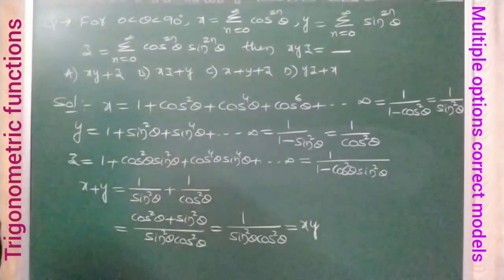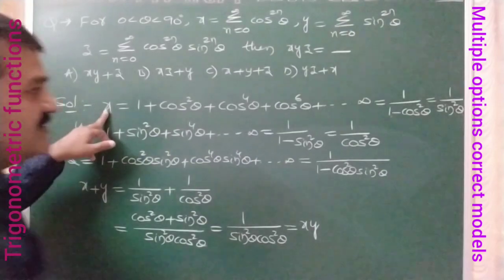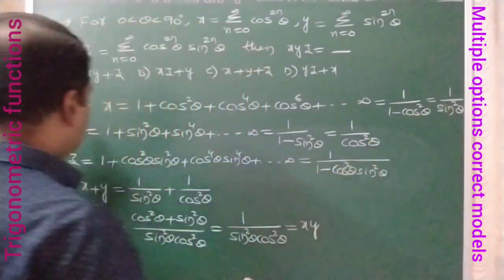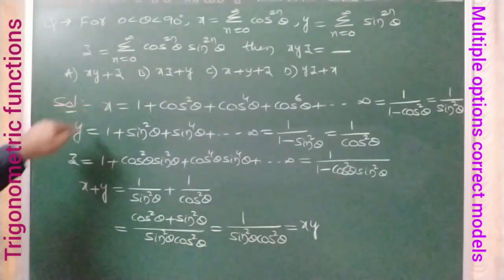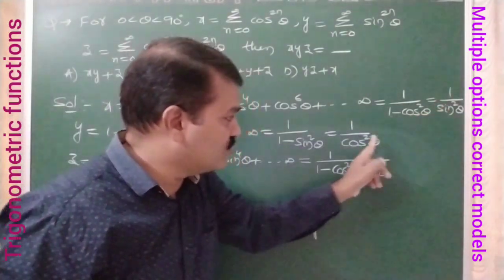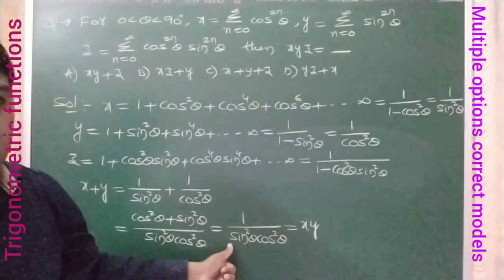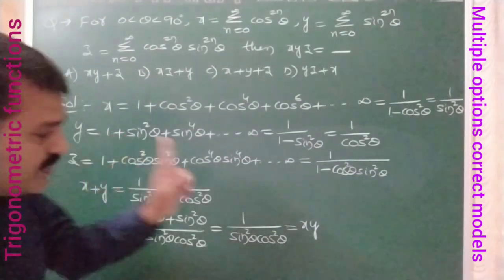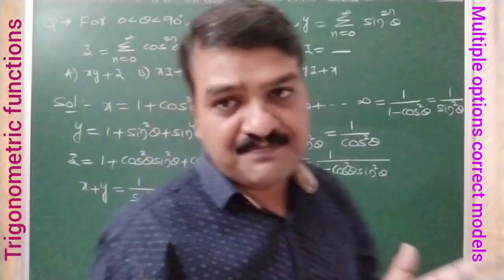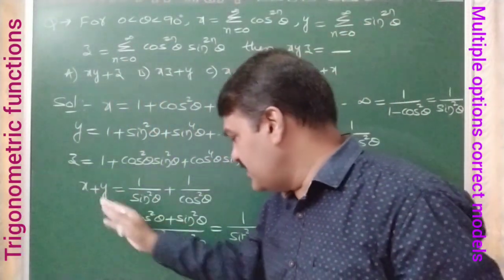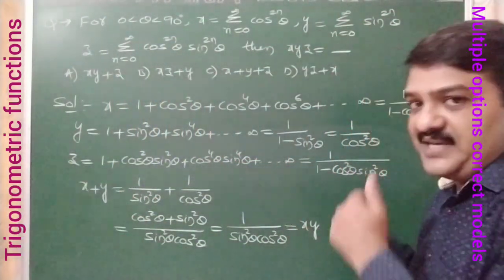We can write this 1 by sin squared theta cos squared theta as x into y. Can we write that? Just verify. What is x? 1 by sin squared theta. What is y? 1 by cos squared theta. What is the product of these two? This only. So x plus y is equal to xy. This is a very important relation in this problem. x plus y is the same as xy.